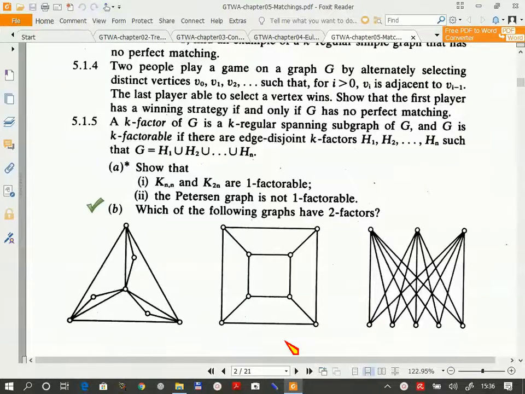So, can you find regular subgraphs of degree 2? What does that mean? A bunch of cycles, okay? Such that every vertex belongs to this subgraph. Can you find? Can anybody come and do it at the blackboard, for instance?